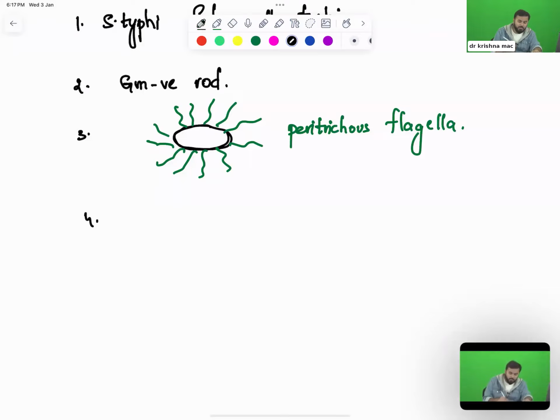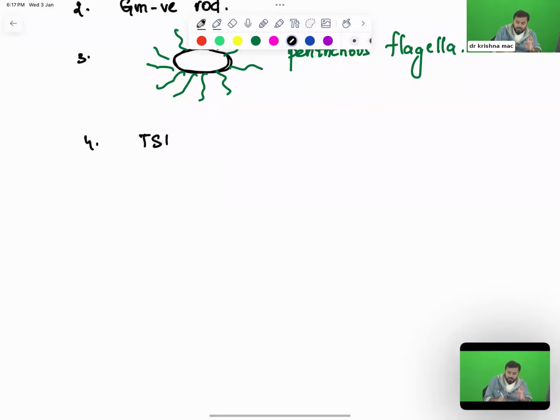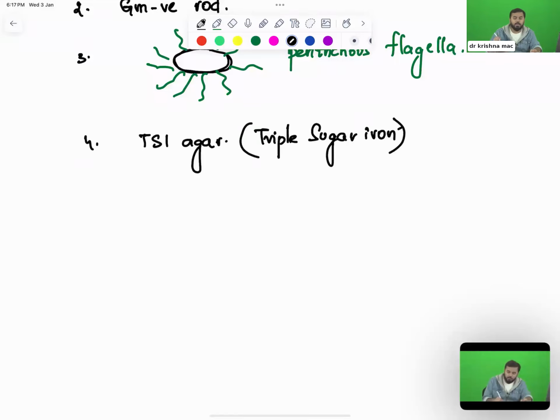Next, fourth important thing is there is a specific agar. The name of that agar is TSI agar, meaning triple sugar iron agar.